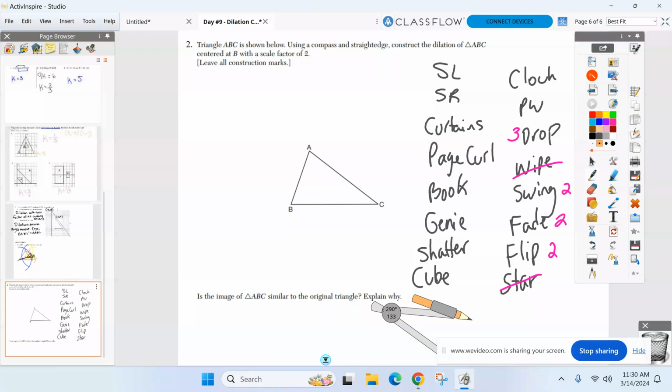Pinwheel. You guys screw it up all the time. Clock. Cube. Shatter. Genie. Book. Curl. Curtains. Slide right. Slide left. Can I change my vote? No. Please.